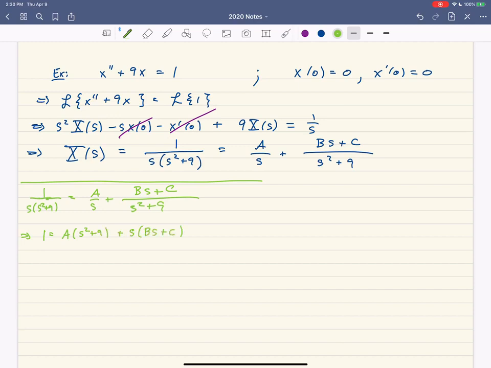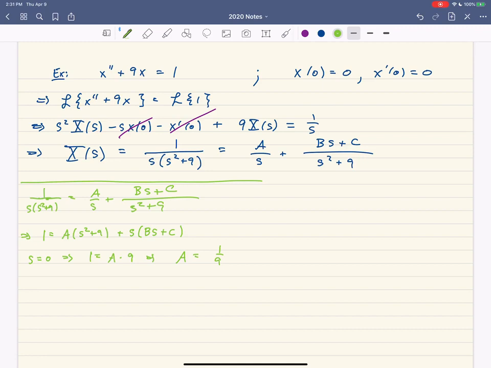There's a few different ways to do this. One way is that you can plug in values. For example, if s is equal to 0, we're going to end up with 1 is equal to A times 9. So A is equal to 1/9.